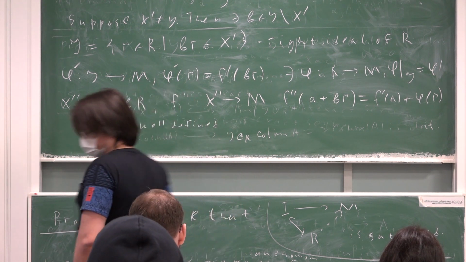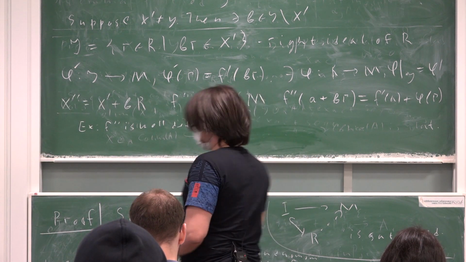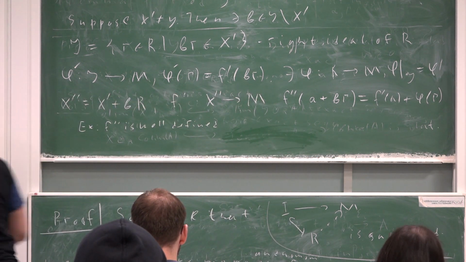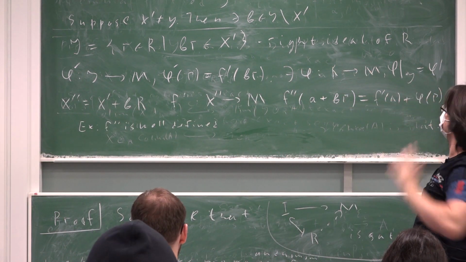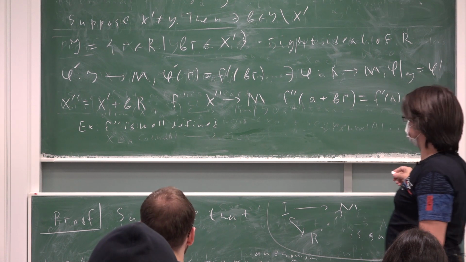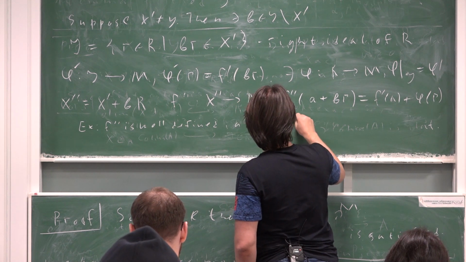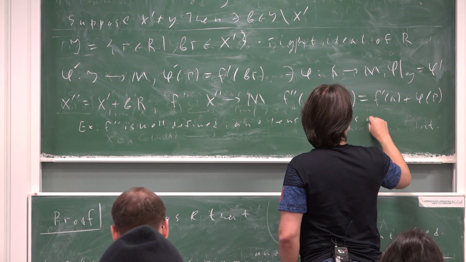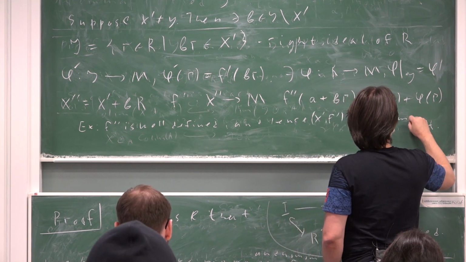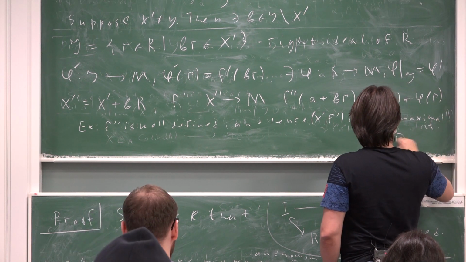It is like one phrase, but we need to stop, I think. And hence we obtain a contradiction to our assumption that x prime is maximal. That finishes the proof.